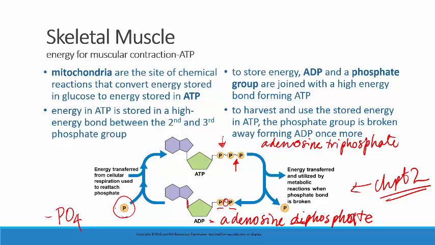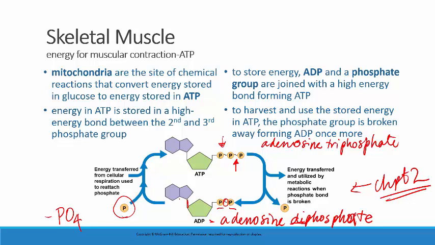And it's in that high energy bond that we can store the energy that is going to be used to drive muscle contraction. It's also used to drive a lot of other chemical reactions in the body that require energy. This is what's referred to as a reversible reaction, because we use ATP to store energy. It's a short-term storage place for energy.